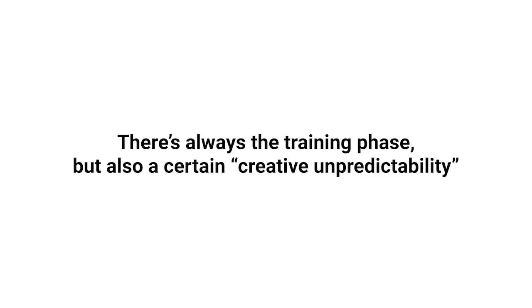So in all of these experiments, including mine, you can see that there was always the training phase, which, if we try to make parallels with the way that we create creative work, could be like the phase of creative references, where we reach for references in people that we really admire. But after that, there's some sort of created unpredictability, because of the way machine learning works, the fact that we don't actually know why it's producing all these results.